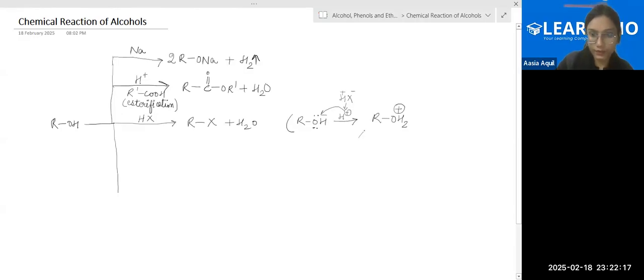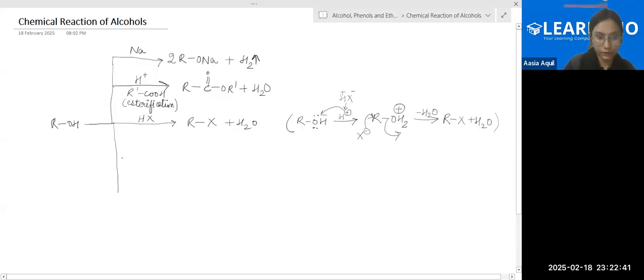Then the halide attacks this R, the alkyl group, and water will be released. Here the loss of water will occur, that is minus H2O. And what will you get? RX. This is the mechanism which is followed in this reaction.